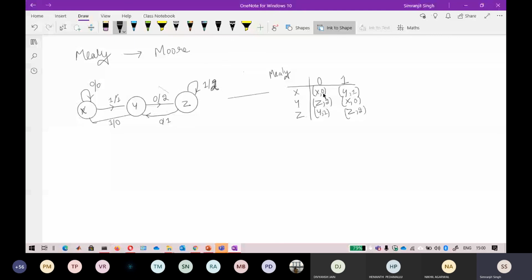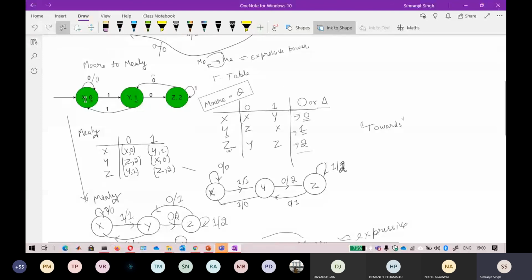Keep in mind, we place the 0 alongside the state in the transition table. Don't confuse it with the Moore machine.